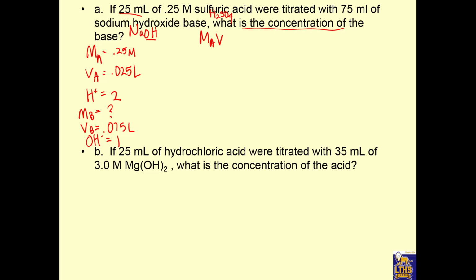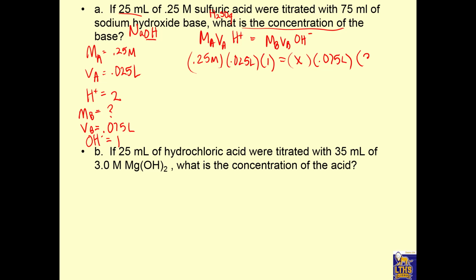So we've done the formula, and plug it in. 0.25 molar times 0.025 liters times 2 hydrogens in the acid equals the molarity of the base times the volume of the base times the number of hydroxides in the base. So the hydroxides is 1.